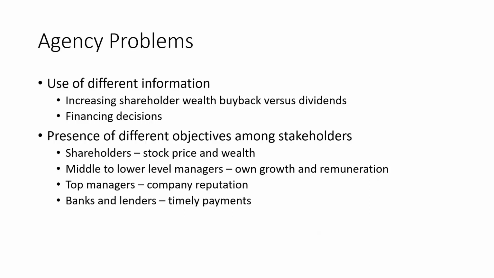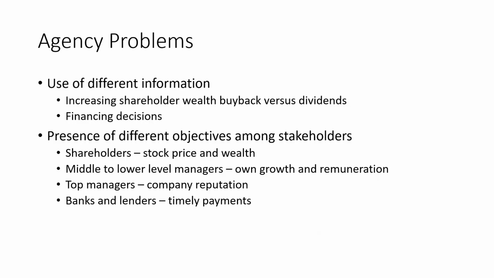And financing decisions are also an objective of a financial manager. Now, these goals could change dynamically from time to time and be different for the corporation as compared to the manager, and that is the agency problem.